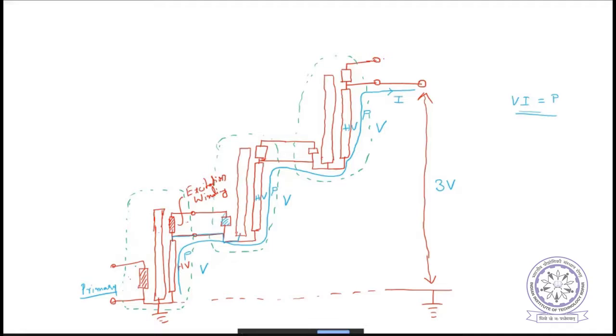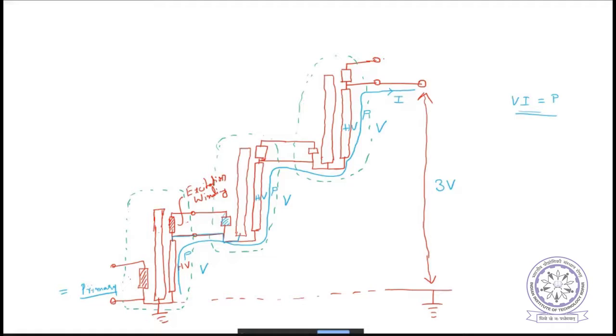Okay. Then what is expected at the primary of this transformer? P or 3P, what is it? Somebody saying 3P. Sir, it will be 3P, because this is the only source, right?